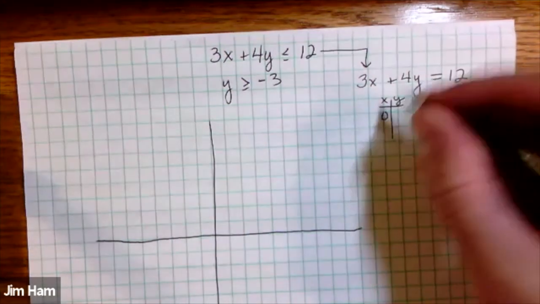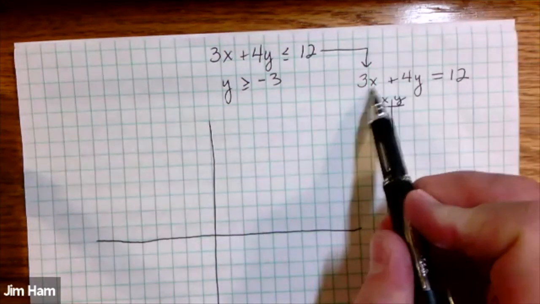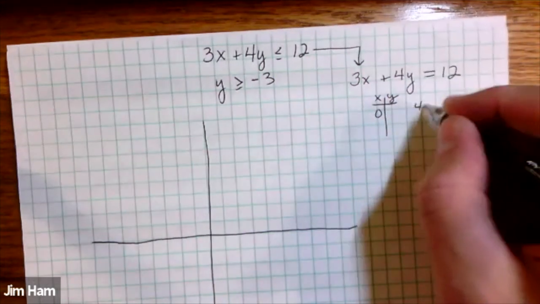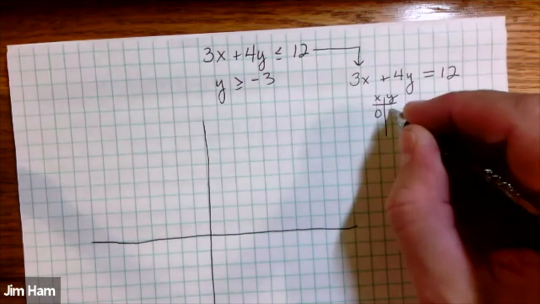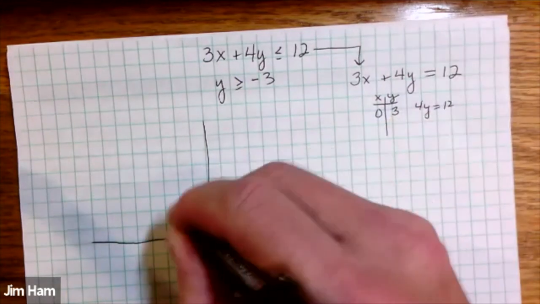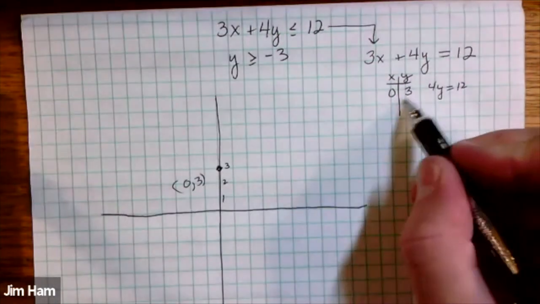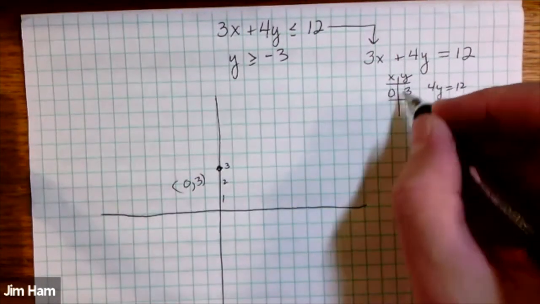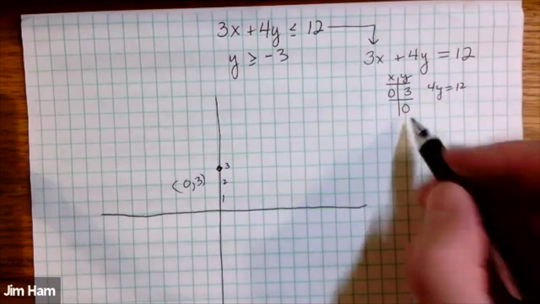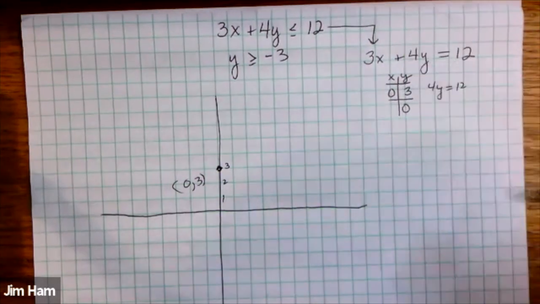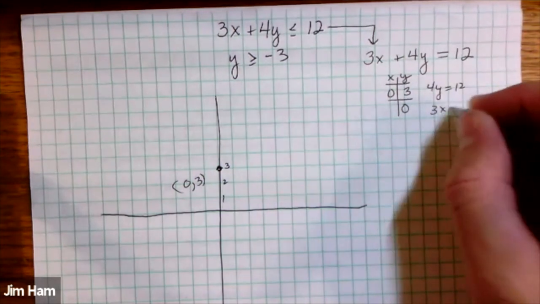If x is equal to 0, and I put 0 in there for x, 3 times 0 is 0, so I just have 4y equals 12. If 4y is equal to 12, then y is equal to 3. So 0, 3 is a point on our first line. Another point that would work, I've got the y-intercept, why not try the x-intercept? Let y be 0. If y is 0, then that term goes away, and you get 3x equals 12.